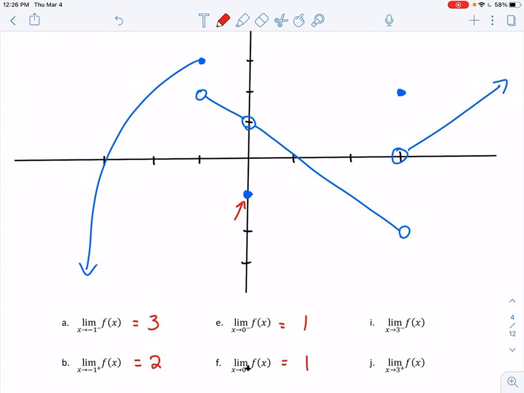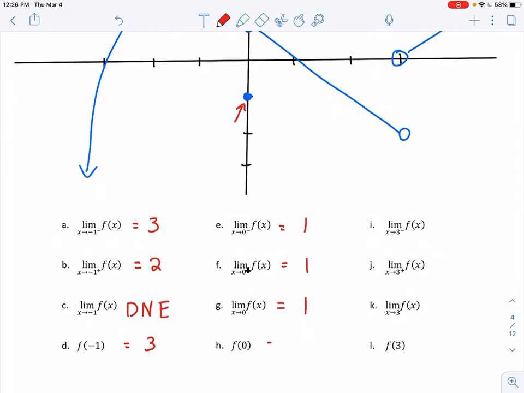Looks like we have a y value of -1. So f of 0 is equal to -1. So again, just to emphasize, the value of the limit will not always be the same as the value of the function. Those two can be very different things.